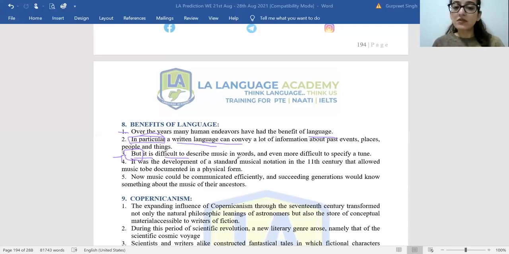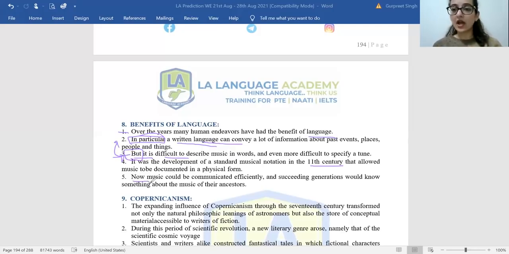It is difficult to describe music in words and even more difficult to specify a tune. It was a development of a standard musical notation in the 11th century that allowed music to be documented in a physical form. So I hope this is clear with "but", because it was making a contrast with conveying information and not conveying information.